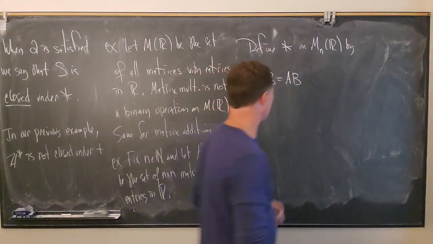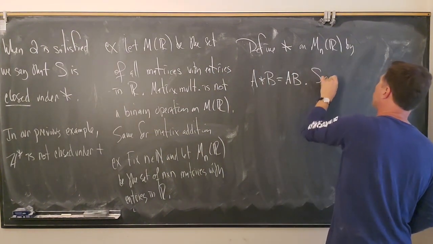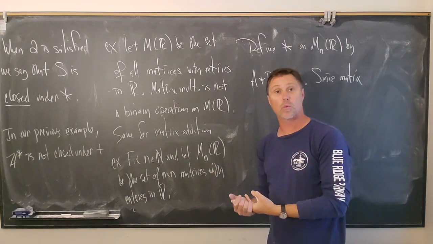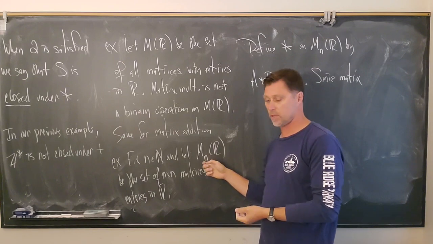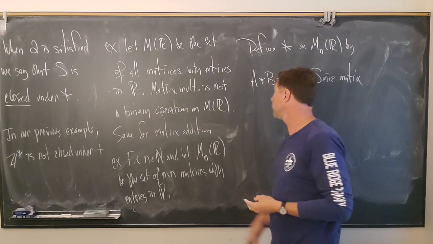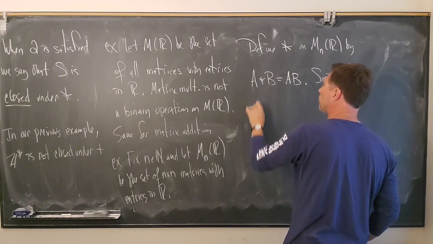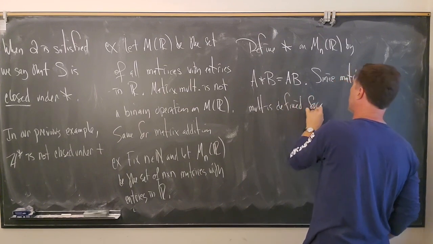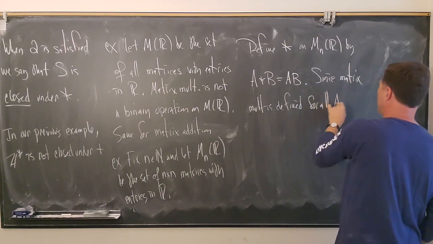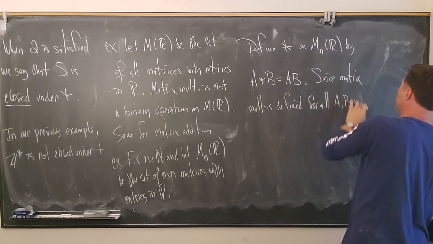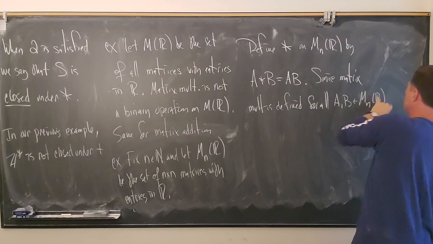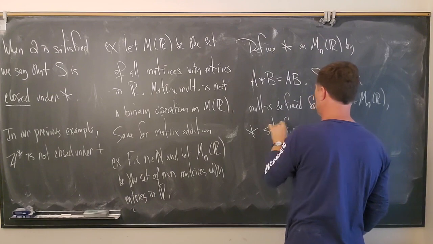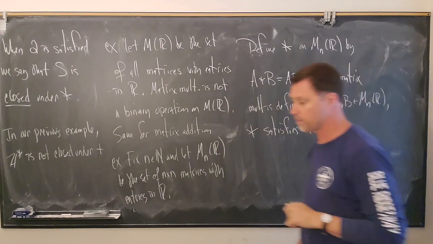Now that we're working with n by n matrices, multiplication works out no matter what. If you take two matrices here, since they're both n by n, you can multiply them. So since matrix multiplication is defined for all A and B in M sub n of R, star satisfies condition number 1.